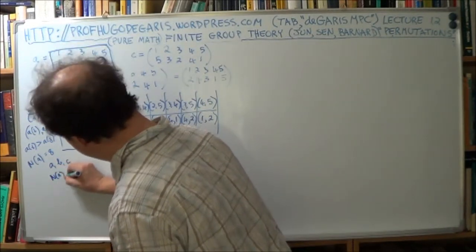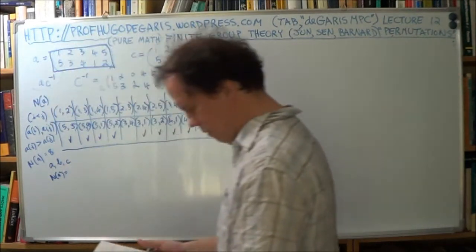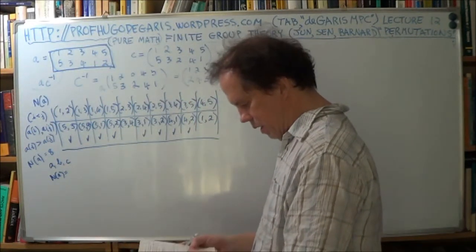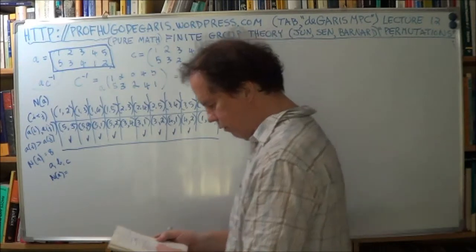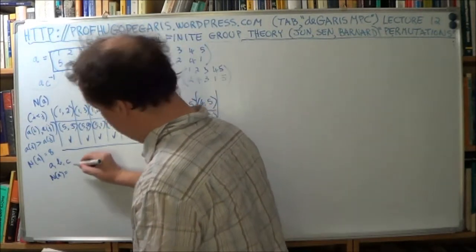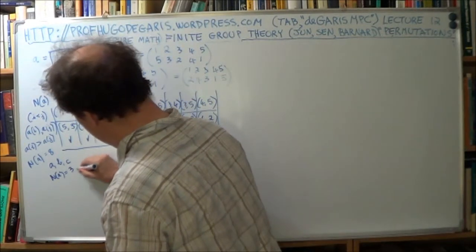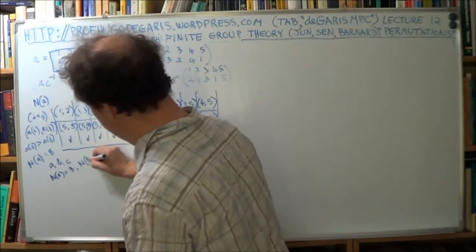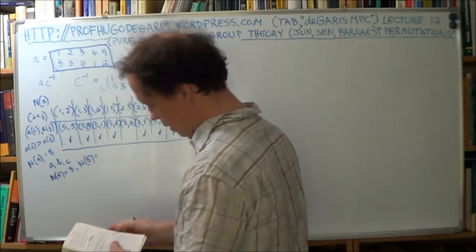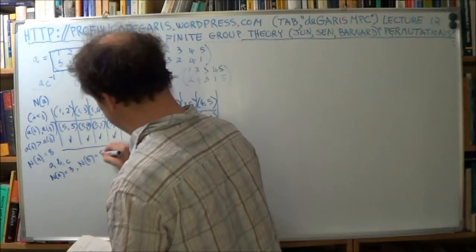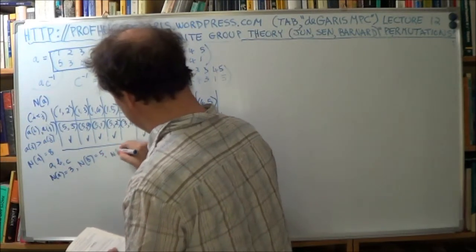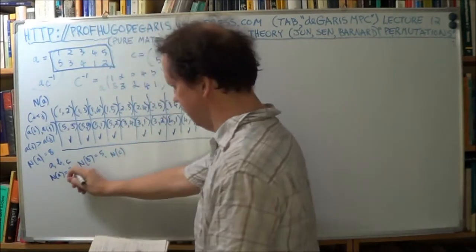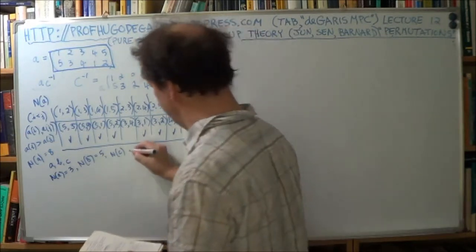Well, let's say you calculate it, and you get that the number of reversals for A is 3, right? And the number of reversals for permutation B is 5. Okay? And the number of reversals for permutation C is 2.